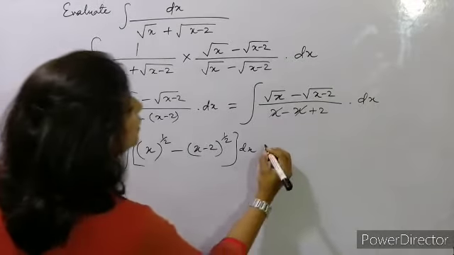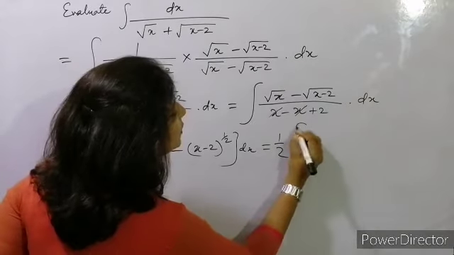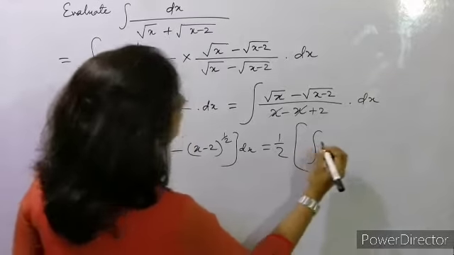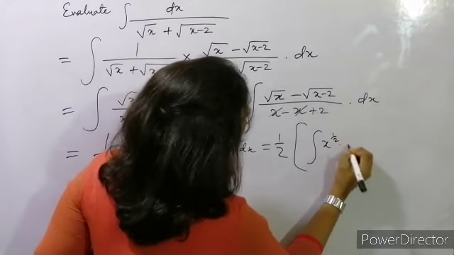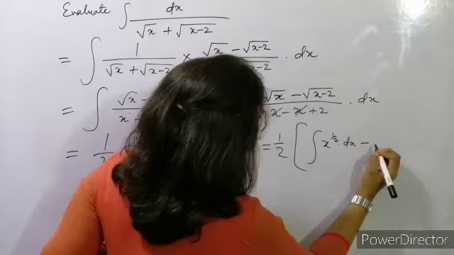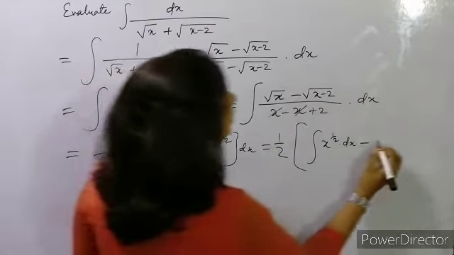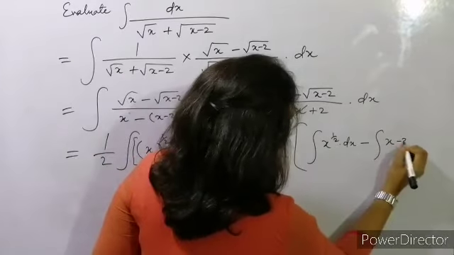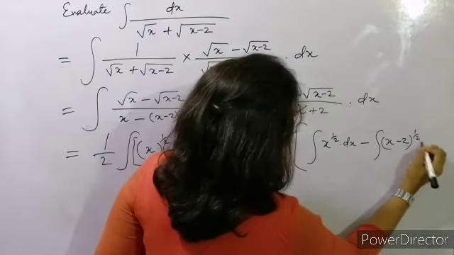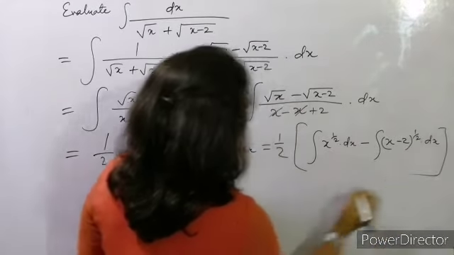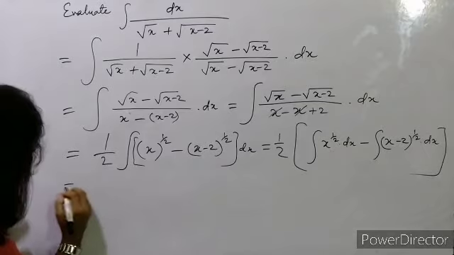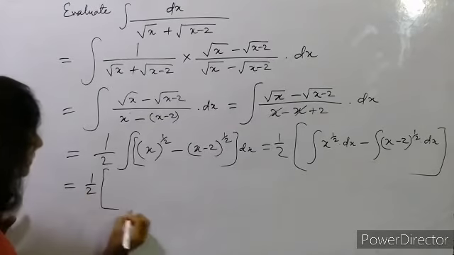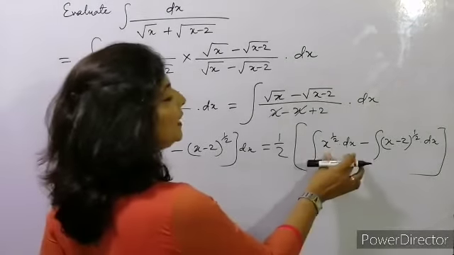So this is 1 upon 2, now integration of x to the power 1 upon 2 with respect to x minus, this is minus, x minus 2 to the power 1 upon 2 with respect to x. Okay, we have to find this out. So 1 upon 2 will remain as it is. Now we have to integrate this.